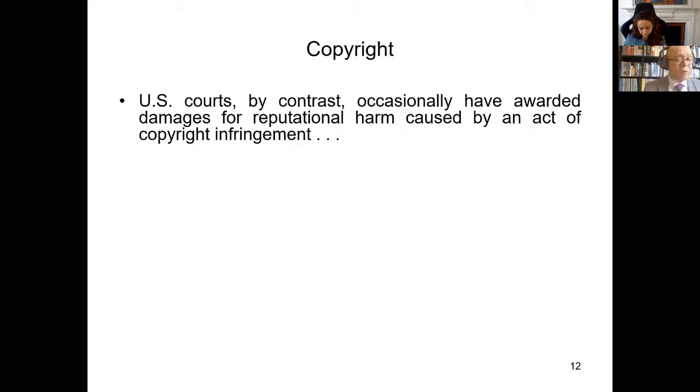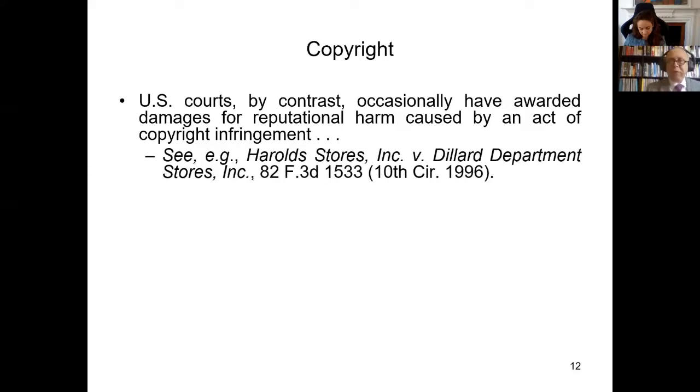In the US, there are some cases standing for the proposition that a court may award damages to compensate a copyright owner for injuries to his or her reputation when such injury is alleged and proven. The leading case here is in some ways kind of a strange case, Harold Stores versus Dillard Department Stores, which I discussed at page 34 of the paper.